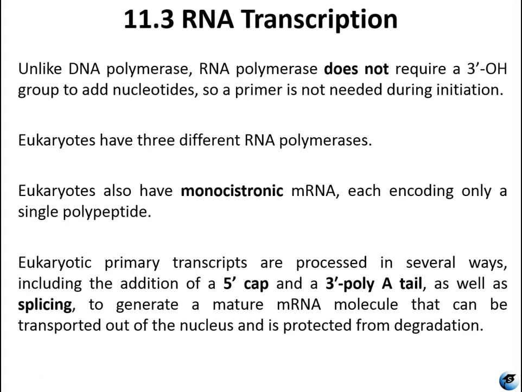Eukaryotic primary transcripts are processed in several ways, including the addition of a 5' cap and a 3' poly A tail, as well as splicing in order to generate a mature mRNA molecule that can be transported out of the nucleus and is protected from degradation. So once one of these mRNAs has been synthesized, if you're going from DNA to protein, mRNA is the intermediate step.